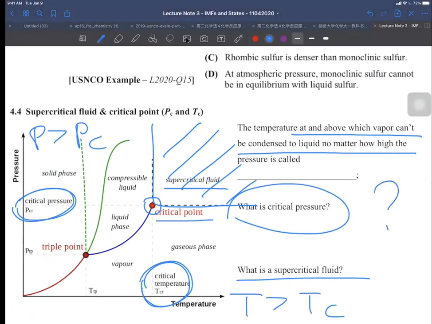So why is there a critical temperature and a critical pressure here? If a gas has a higher critical temperature or a higher critical pressure, what does it mean? Is it related to the IMF? Is it related to the volume of the gas molecules itself? Think about this.